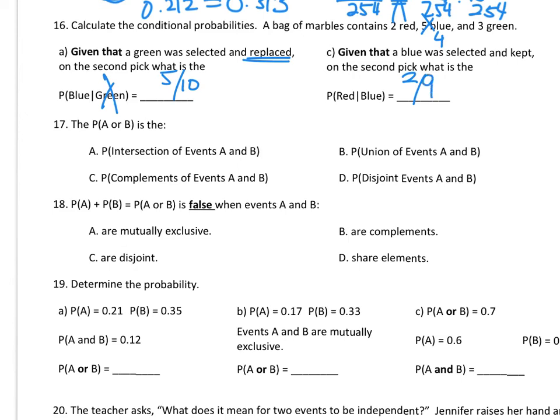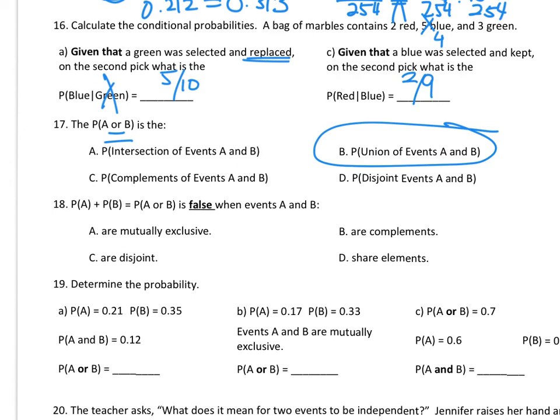The probability of A or B happening is the union of events A and B. So that's making the connection between or in union and in intersection. Okay, next question 18.